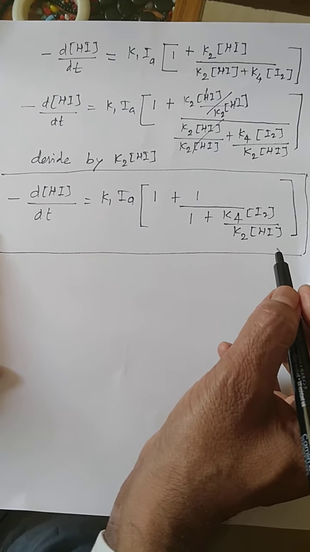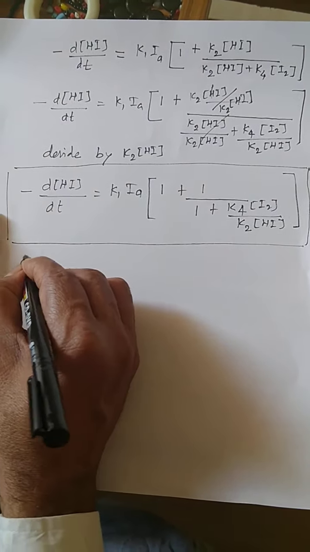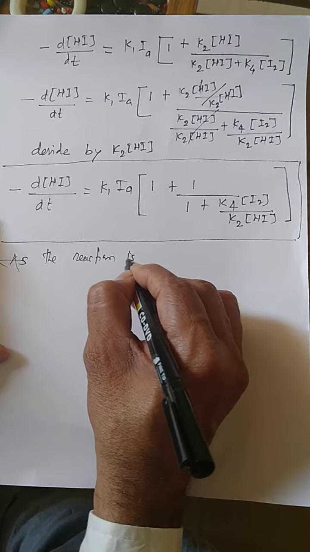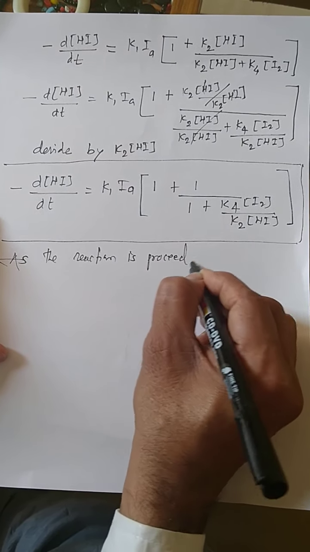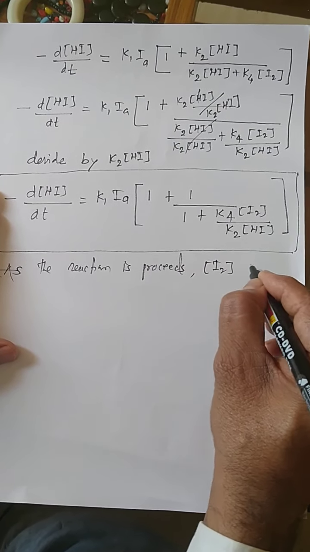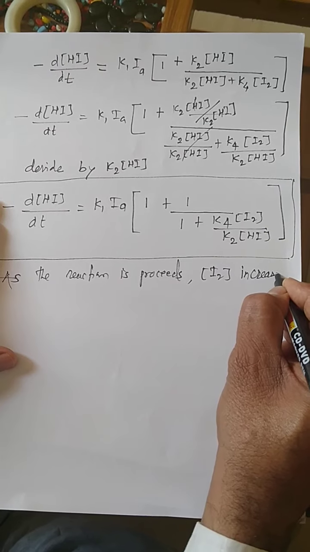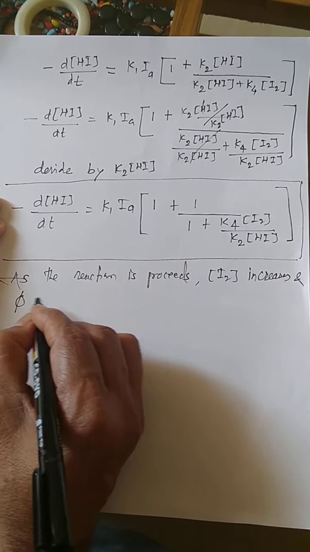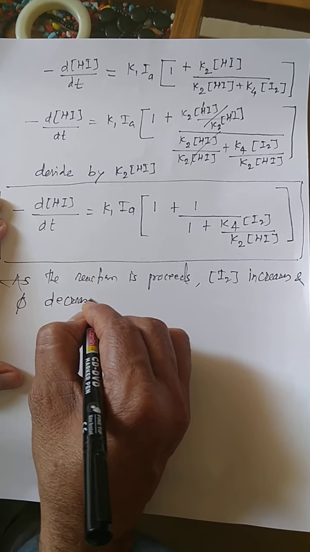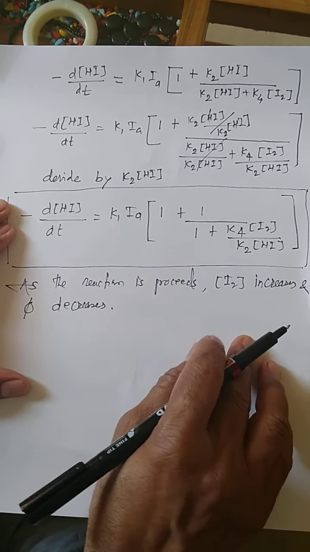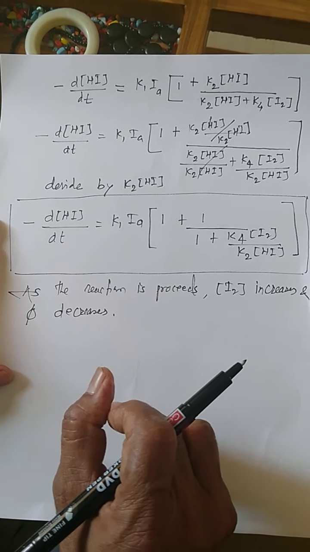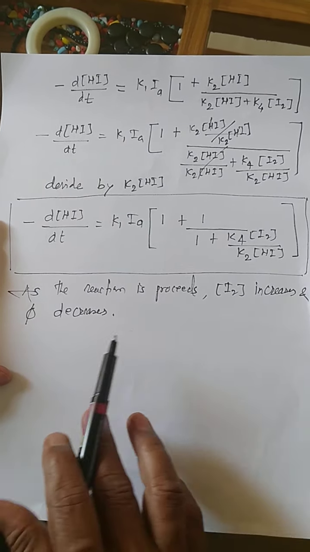Hence the quantum yield is less as the reaction proceeds. Then the concentration of iodine increases and the quantum yield or quantum efficiency decreases. This is the kinetics of the photochemical decomposition reaction of HI. Okay, thank you.